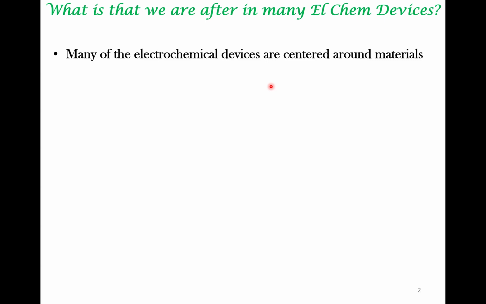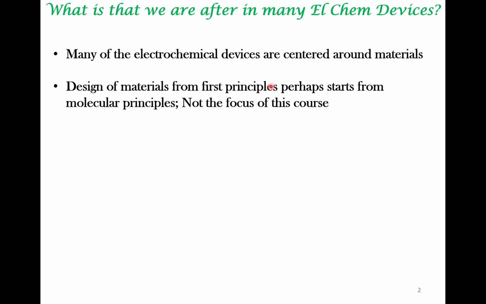If you look at a battery, say, a particular battery chemistry centered around a material played an important role in developing a battery. Okay, so having said so, the design of materials usually starts via understanding of molecular principles.